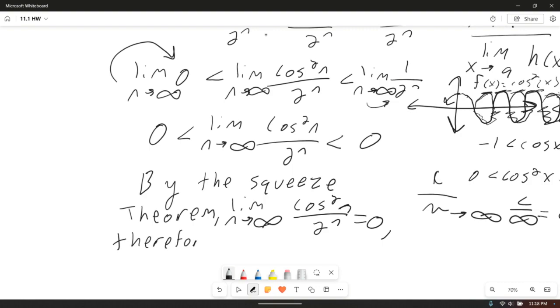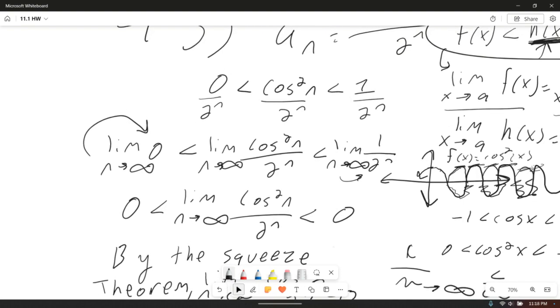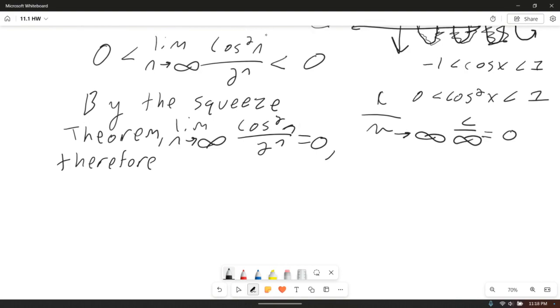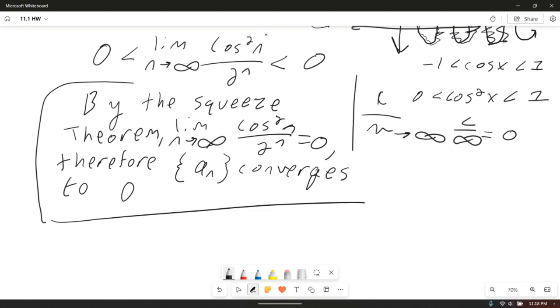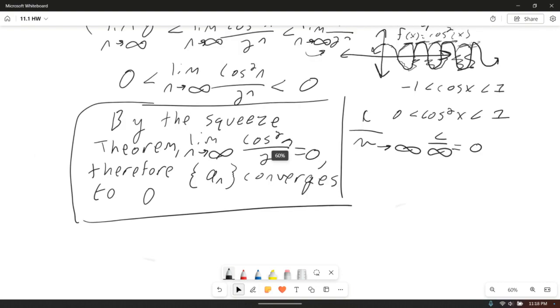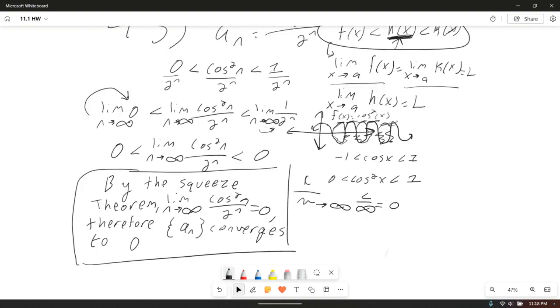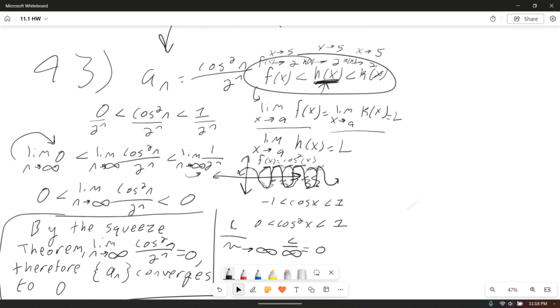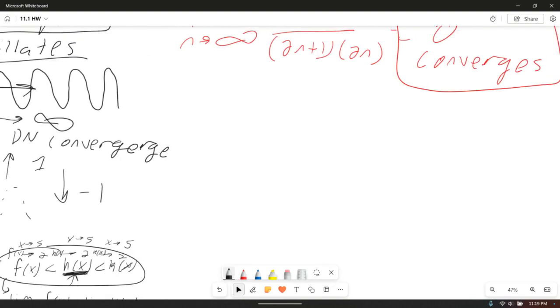Therefore, this was defined as a sub n, so the sequence a sub n converges specifically to 0. Not too bad, right? Just a little bit of the squeeze theorem, and we squeezed out an answer.